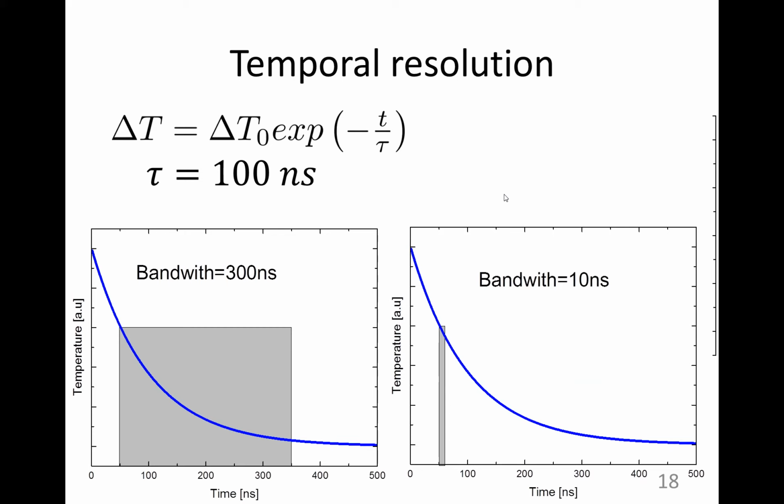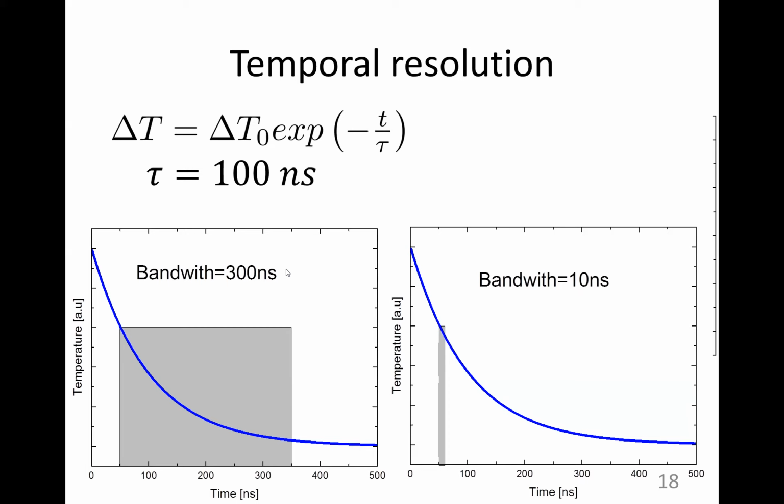And we see that even the fastest methods that were previously available in the field are not fast enough to trace nicely an exponential decay with such a rate. By the time the measurement ends, in the bandwidth of 300 nanoseconds, the relaxation is almost finished. So this is not a good measurement.